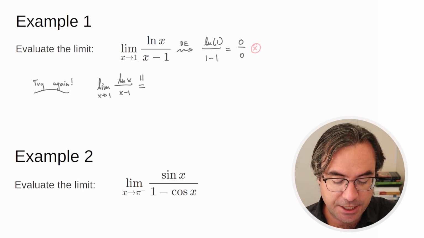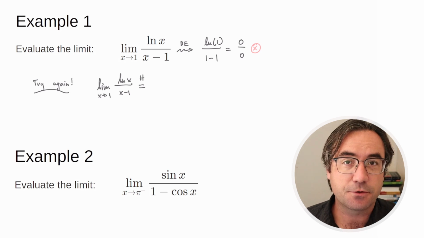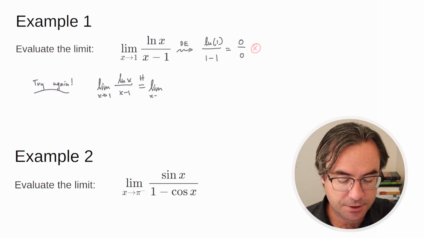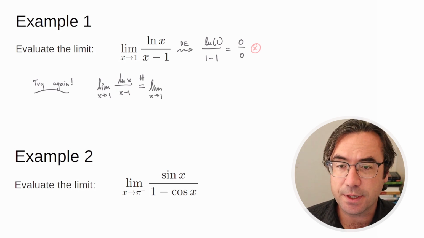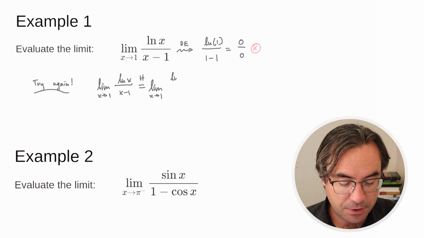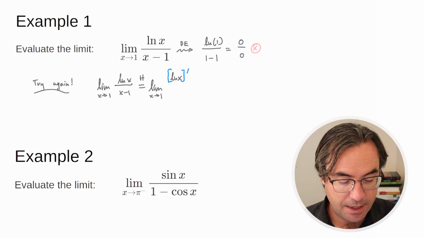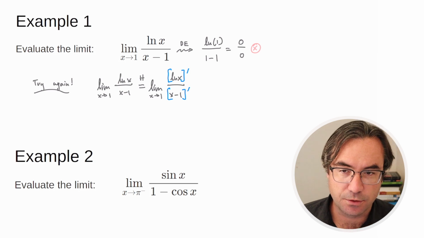We're going to put a little h above the equal sign where we first apply the rule here. How this rule works is we're still going to be doing a limit, but now we apply the derivative to the top of the function, and we apply the derivative to the bottom of the function. Again, this is not the quotient rule.